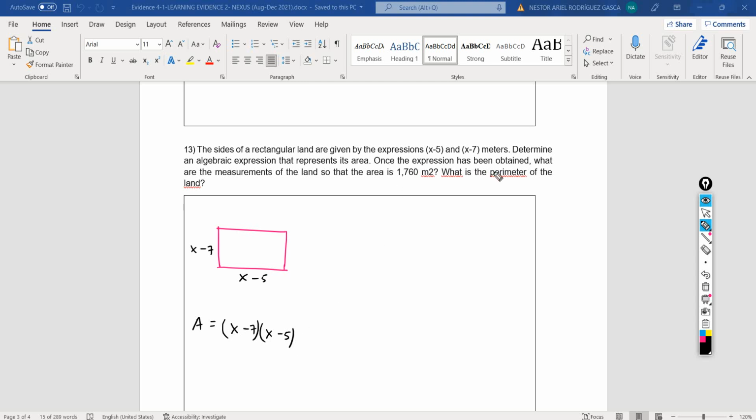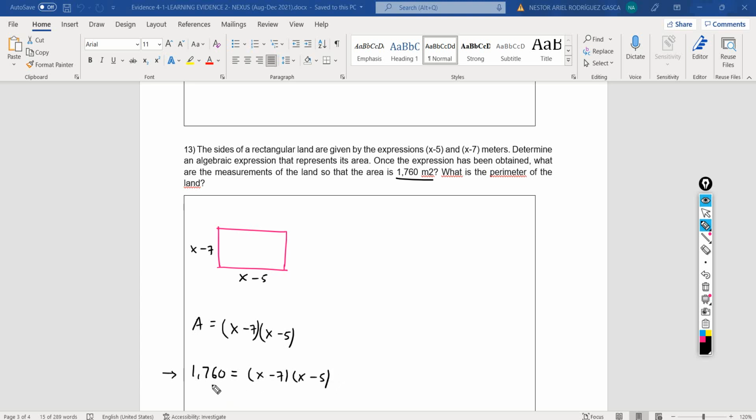And once the expression has been obtained, what are the measurements of the land so that the area is this much? Okay, so basically they're telling me that the area is 1,760 square meters. So let's put that in here, 1,760 square meters, and continue writing the equation.